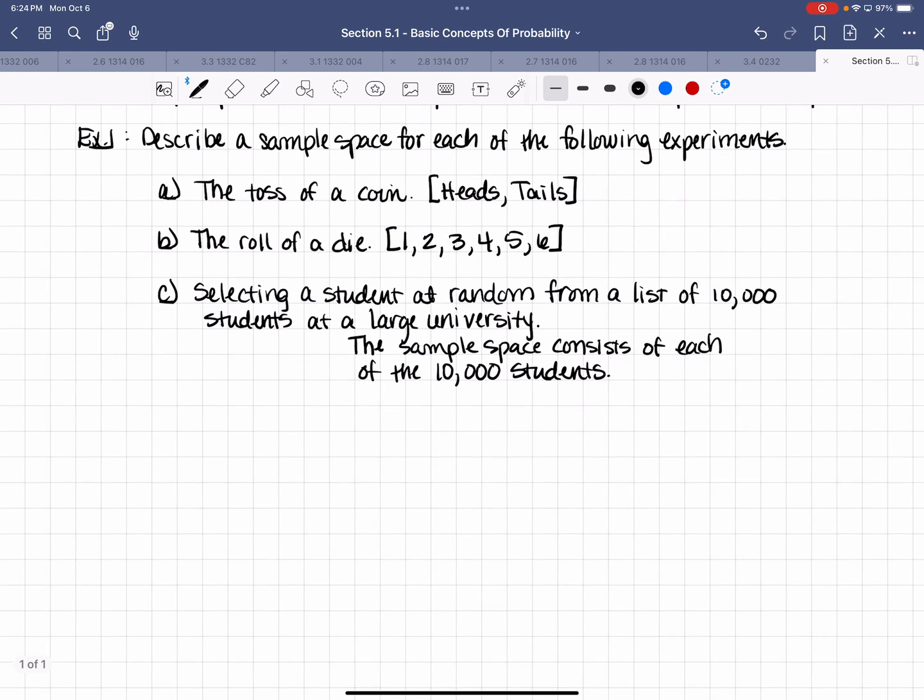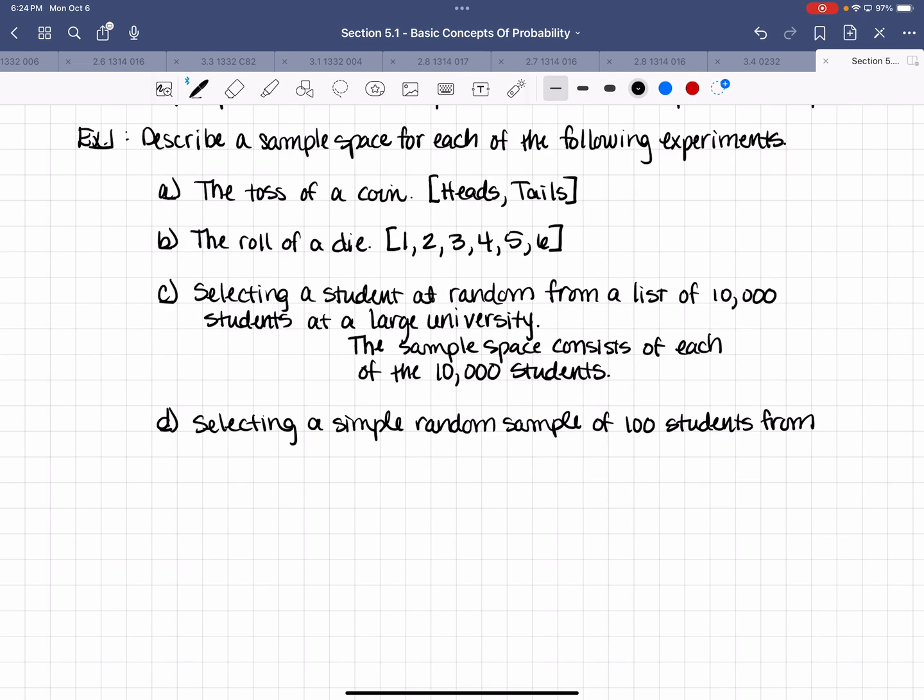D, last part of example 1. Selecting a simple random sample of 100 students from a list of 10,000 students.